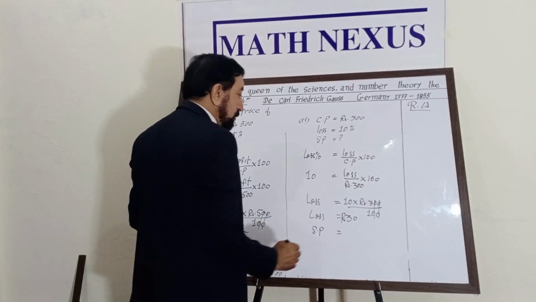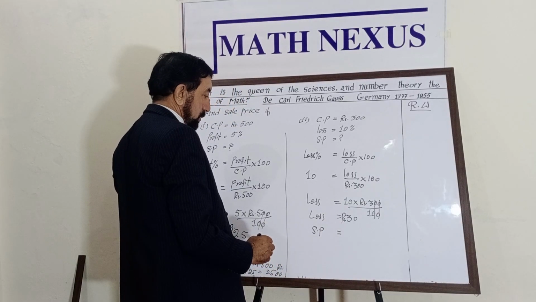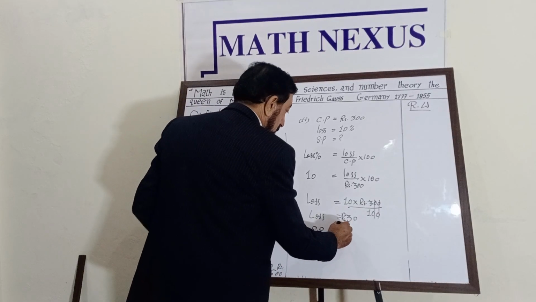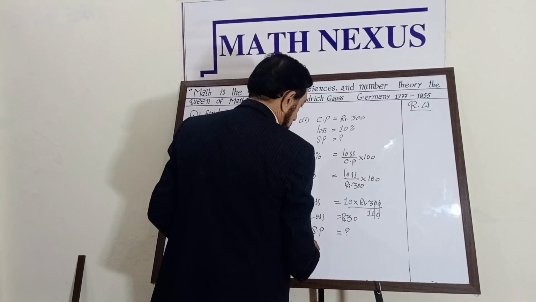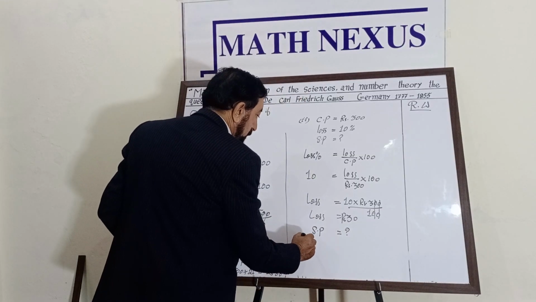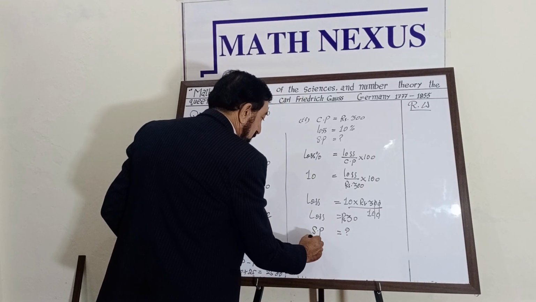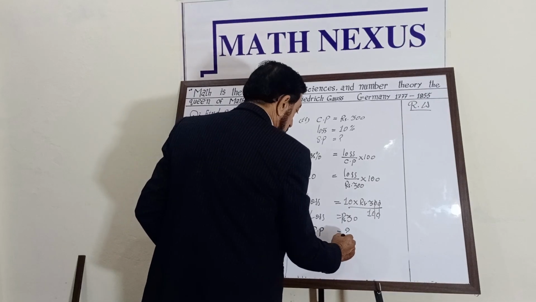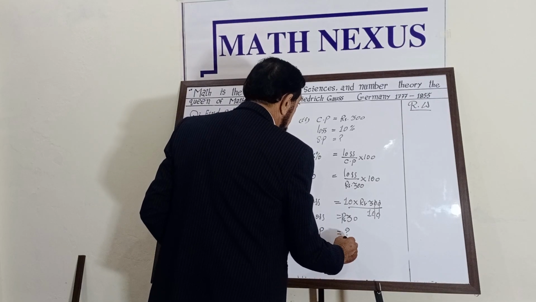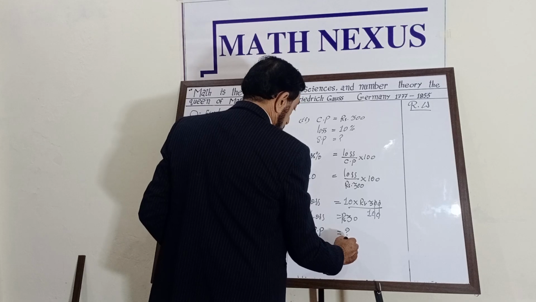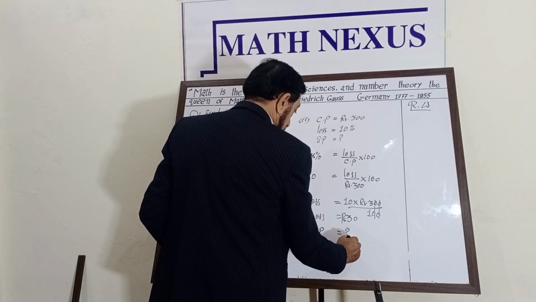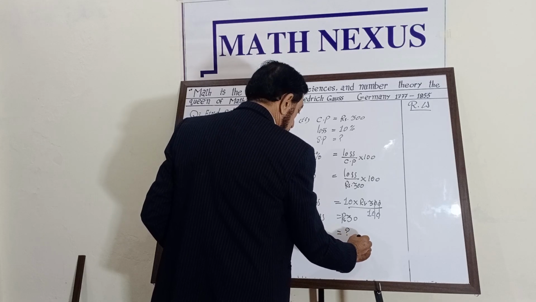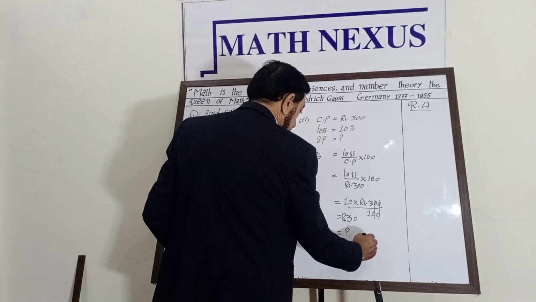We have a formula: loss is equal to cost price minus sale price.